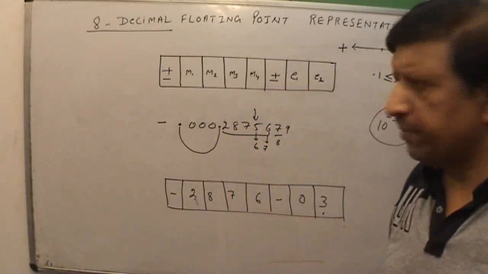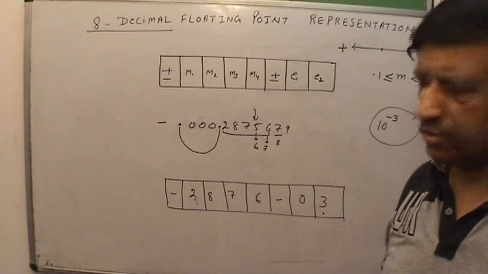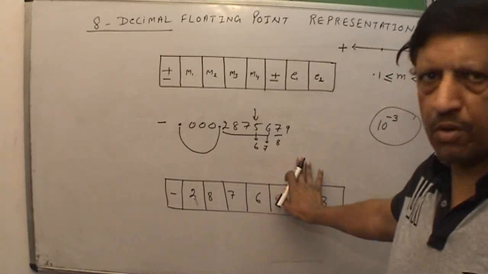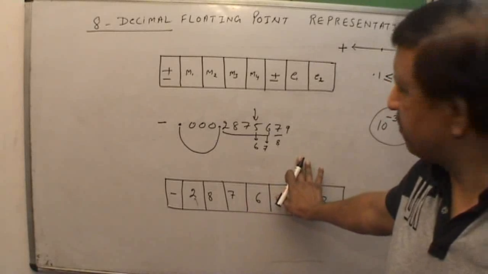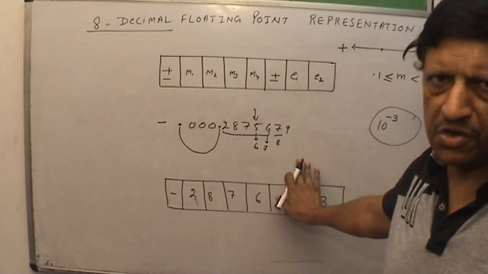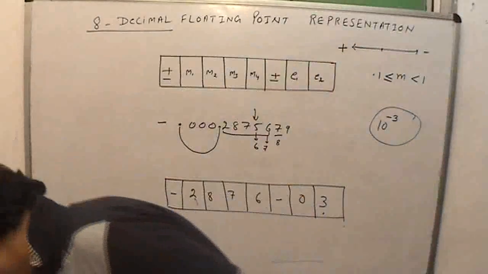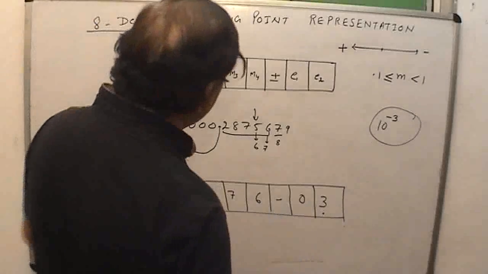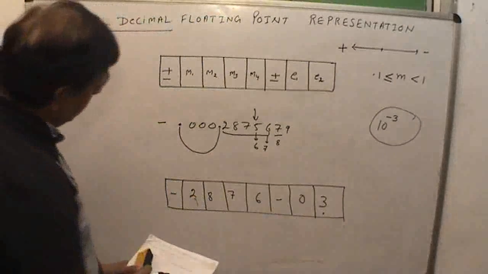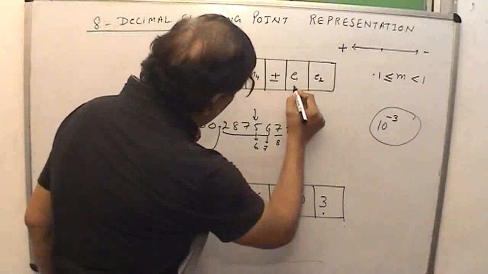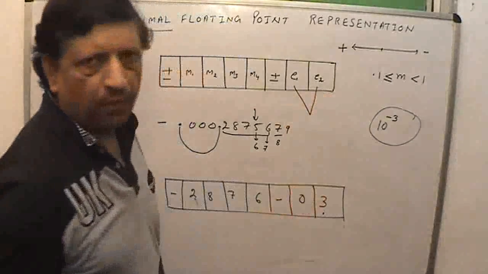But everywhere there are limitations. Rather, the computer is also a machine. It has limitations everywhere and we have to cooperate with it. Let us see what the limit is here. See, we have left only 2 places for exponent.